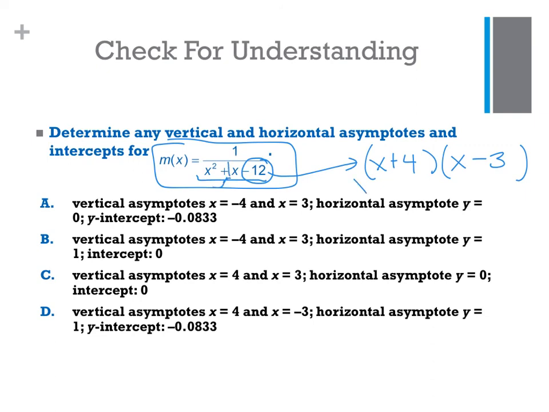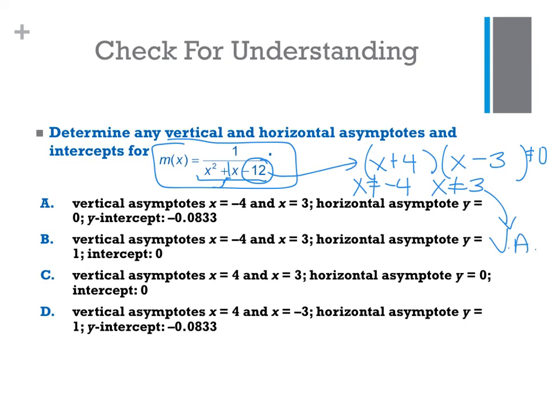So if these values cannot equal 0, then x cannot equal negative 4, and x cannot equal 3. So since our domain cannot include negative 4 and positive 3, that implies our vertical asymptotes are at negative 4 and 3.